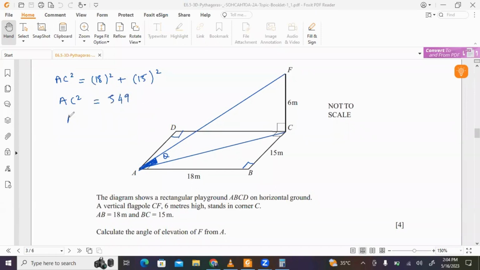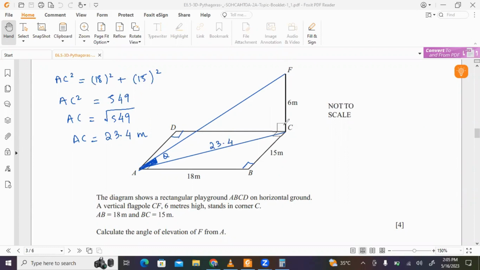And then we take the square root of 549, and that gives us 23.4 meters.